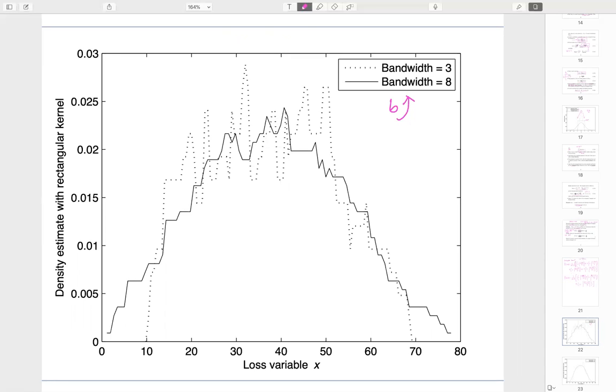So you can see the solid line is somehow more defined than the dotted line, right? Dotted line is somehow sharper, so it has more points than the solid line. Solid line looks slightly more smooth than the dotted line. So that's what we can observe.